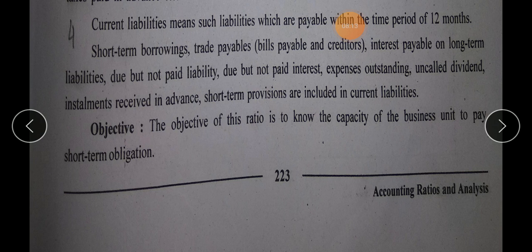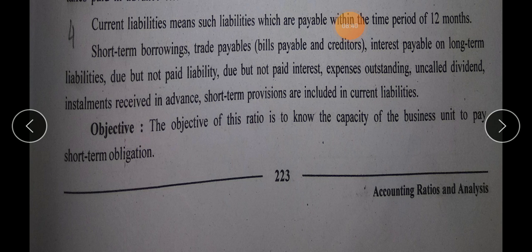And there are two types of liabilities, non-current liabilities and current liabilities. Non-current liabilities means the amount payable after 1 year, the amount which can be paid even after 1 year. And the amount which is to be paid within a year is said to be current liability.